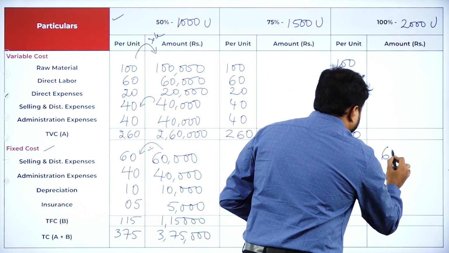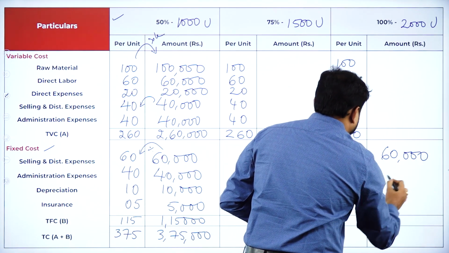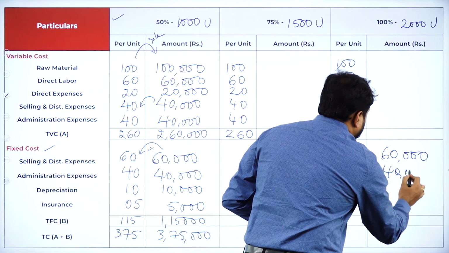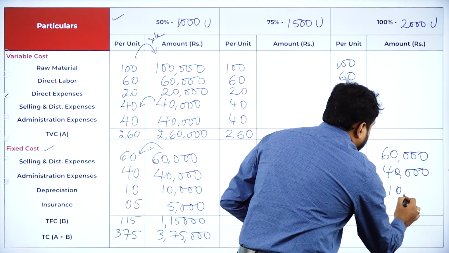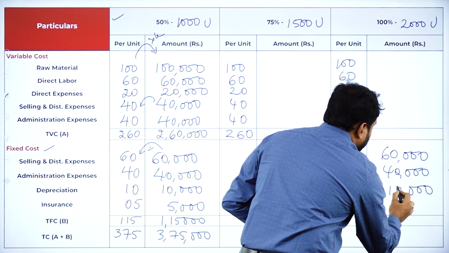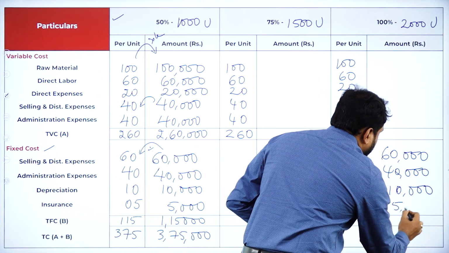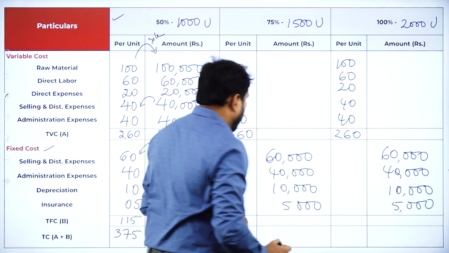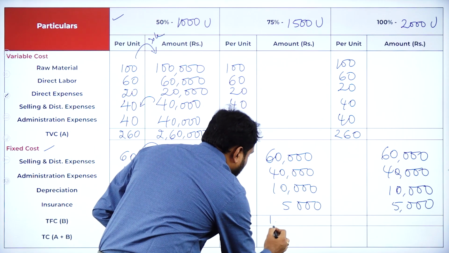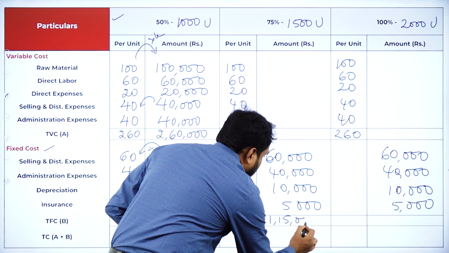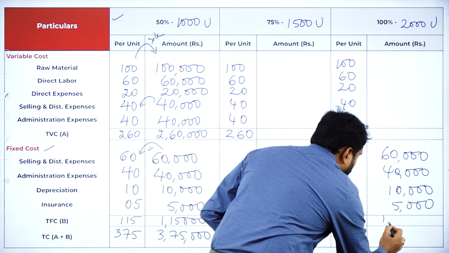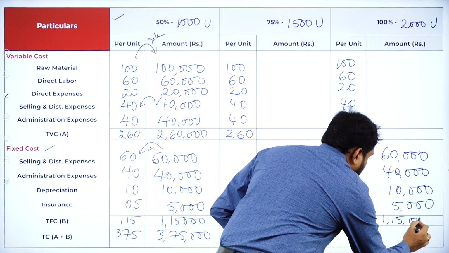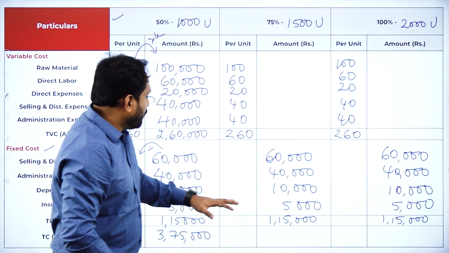Same way here also, 60,000, then you have 40,000, 10,000, and the last one here is 5,000. And you can also write the total 1,15,000, 1,15,000. Done. So we are done with this.